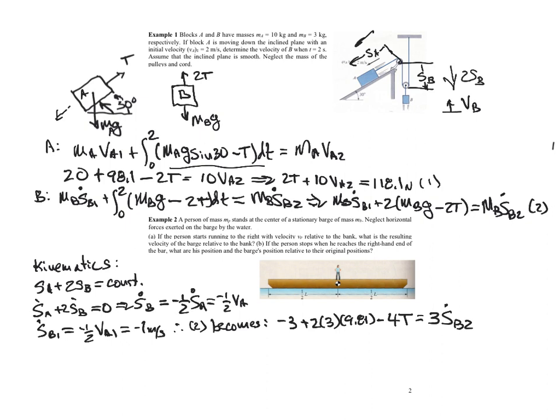And we clean this up a bit. We wind up getting 3 SB2 dot plus 4t is equal to 55.9. Again, this is going to be in newtons, I believe.